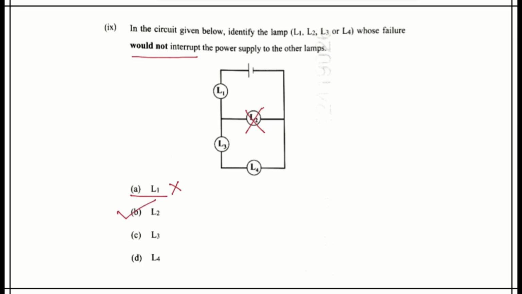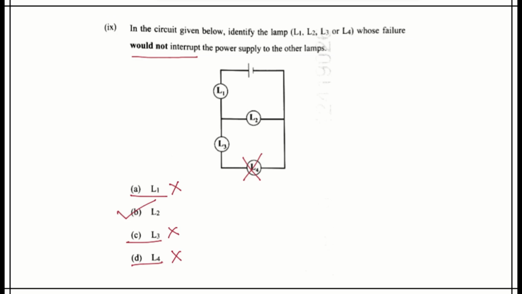If we turn off L3, then L4 will get interrupted, though L1 and L2 will still work properly. So therefore L3 is also not the correct option. And if we consider L4, then also you can clearly understand from the diagram, L3 will stop working, though L1 and L2 will still work. So L4 is also a wrong choice. So we have the correct option as option B, L2.